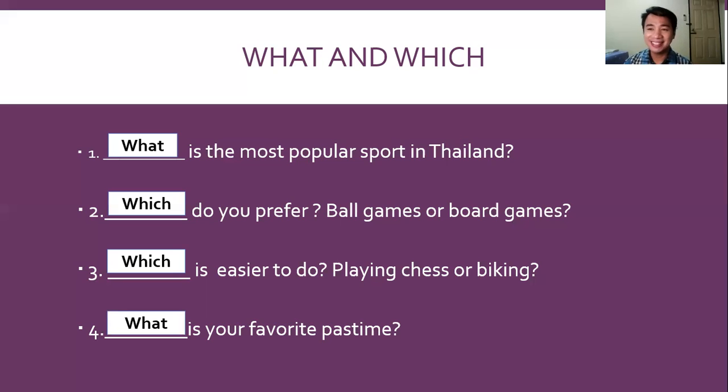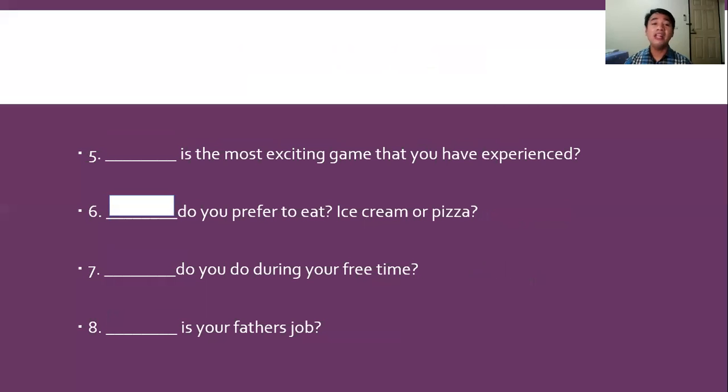Want some more? Okay, next question. Number 5. Blank is the most exciting game that you have experienced. So what is your answer? What or which? Okay, the correct answer is, yes, you're right.